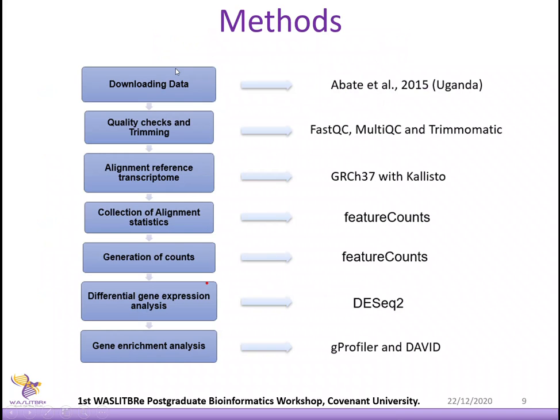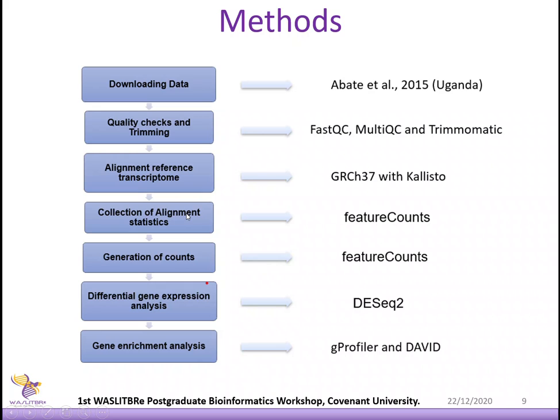Okay, so the data were downloaded, then I checked the quality of the reads, and then the reads that were bad were trimmed off. The sequences were then aligned to the human reference transcriptome using the Kallisto aligner.